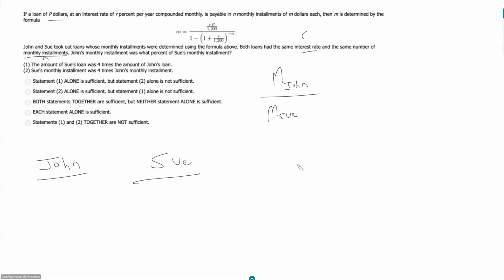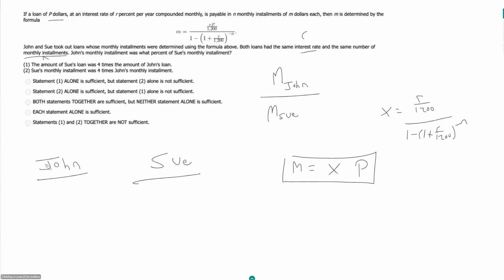And so you can think of this whole equation as M is equal to X times P, where X is equal to R over 1200 all over this 1 minus 1 plus R over 1200 all raised to the negative N, because these don't change for either of them. So just imagine that formula is written like this.